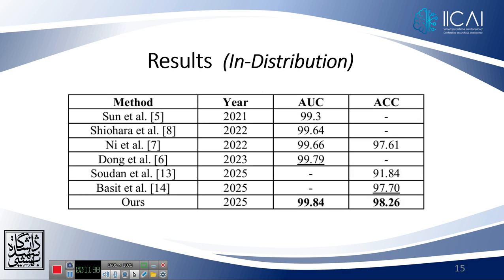As a result, in the table, we can clearly see that we compare our method against prior work from 2021 to 2025. We achieved 98.26% accuracy and 99.84% AUC, outperforming all comparable approaches on both metrics.